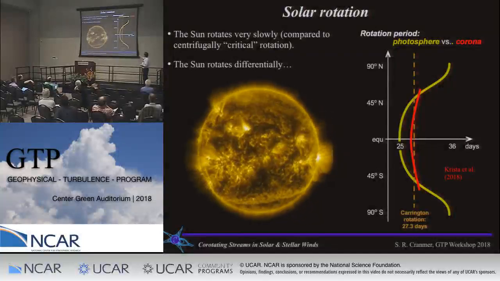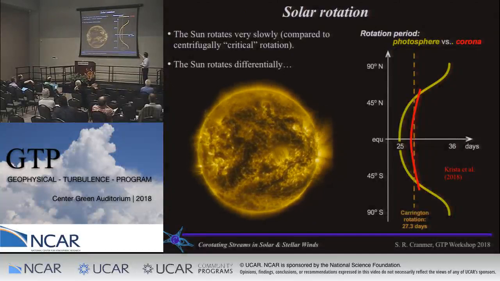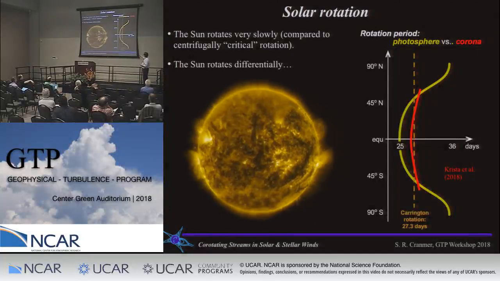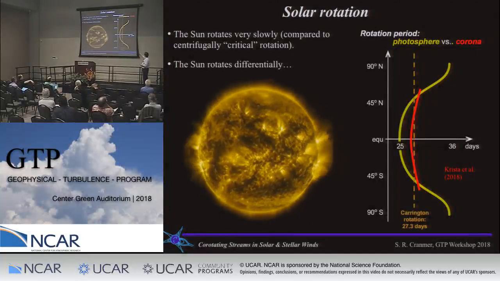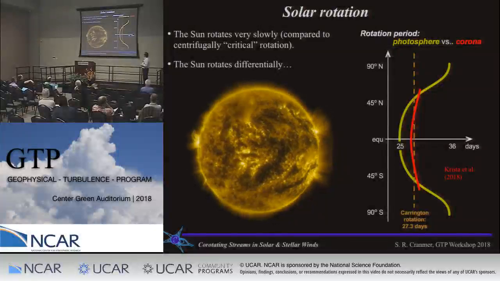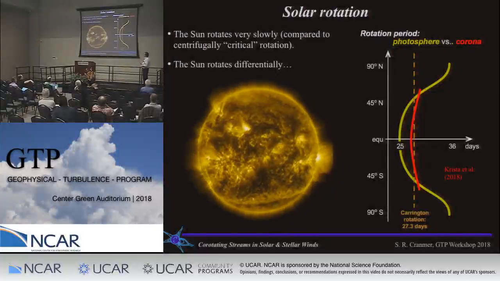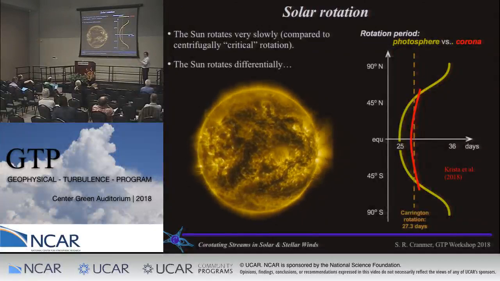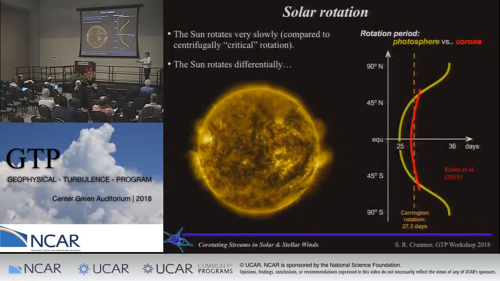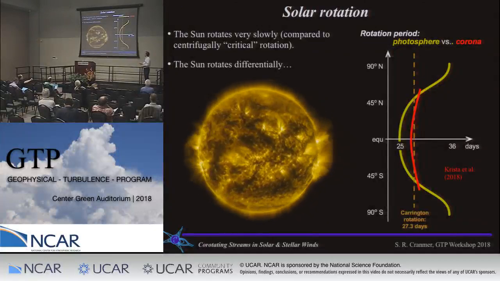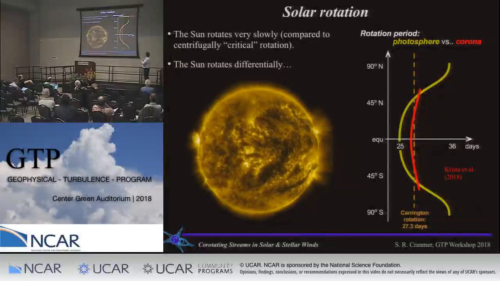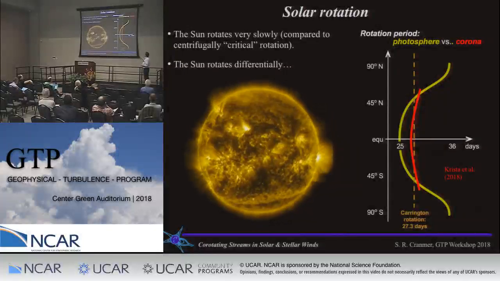If you measure large magnetic features in the corona, you get something from Larissa Christa last year, for example, that sort of has the same sense of the differential rotation, but has much less latitudinal variation. And indeed, once you start looking at space weather and the properties of the interplanetary medium, people don't even think that much about differential rotation.